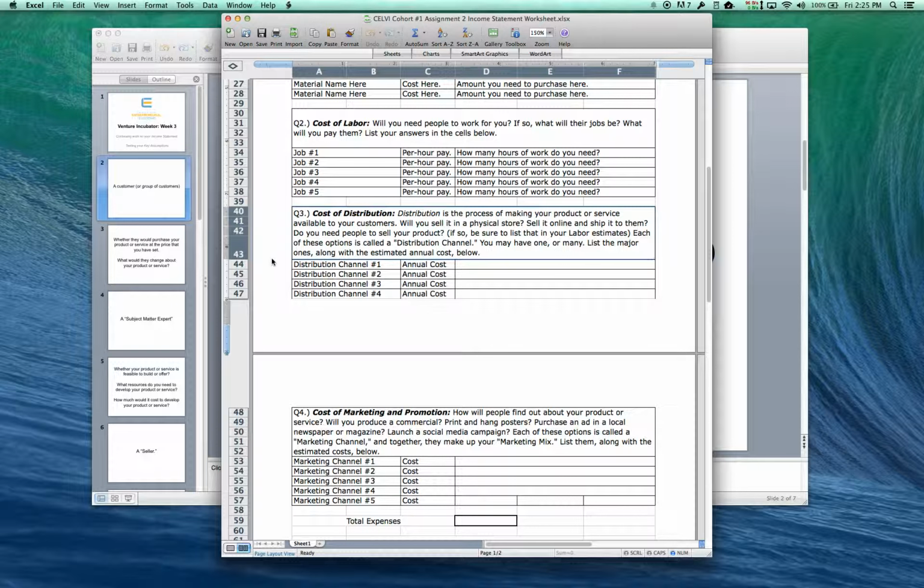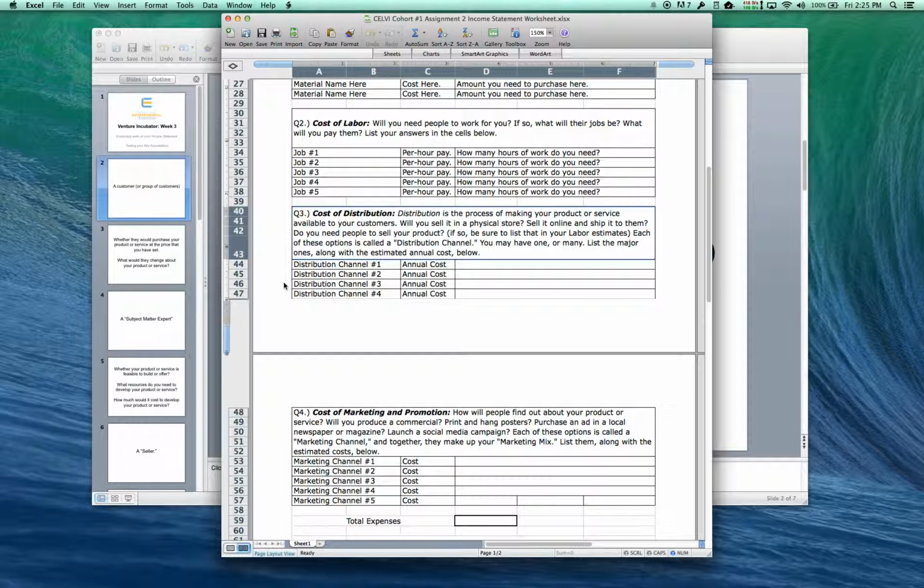Question 3 is the cost of what we call distribution. Distribution is the process of making your product or service available to your customers. How are you going to do that? Will you sell your product in a physical store? Perhaps you'll sell it online and ship your product to your customers? Do you need people to sell your product for you, people to go out and pitch it?